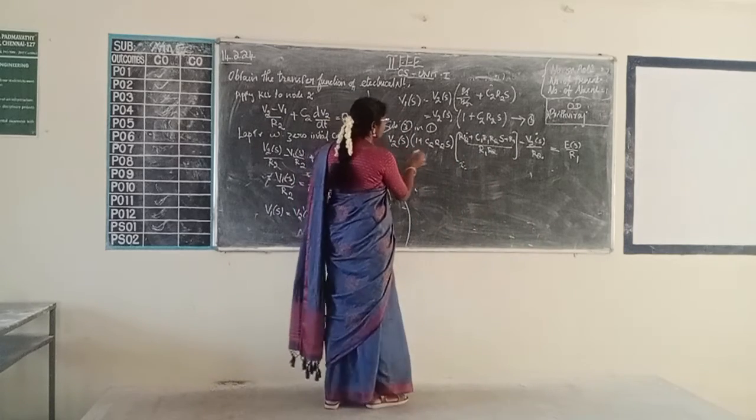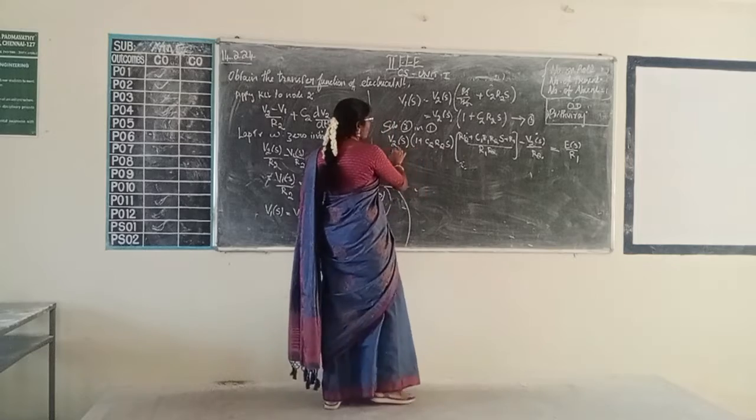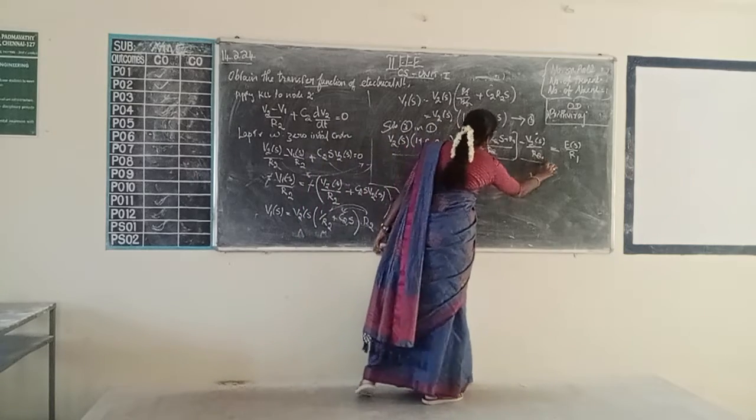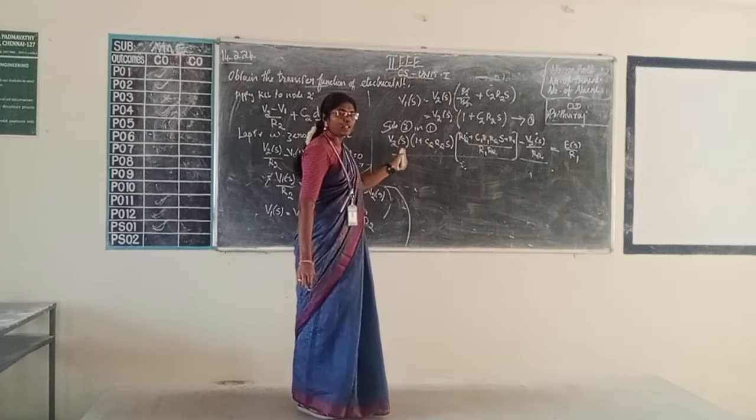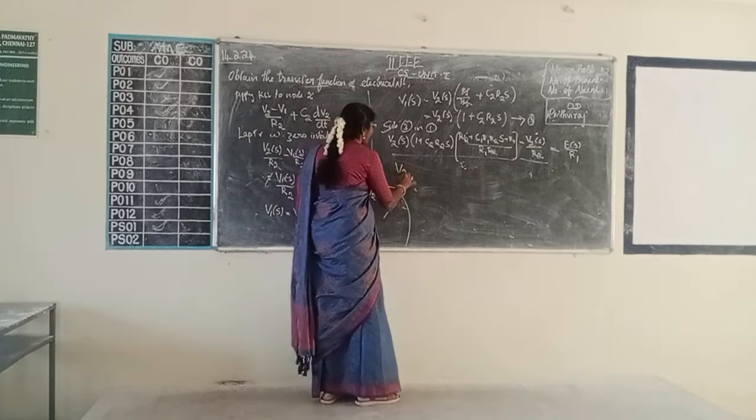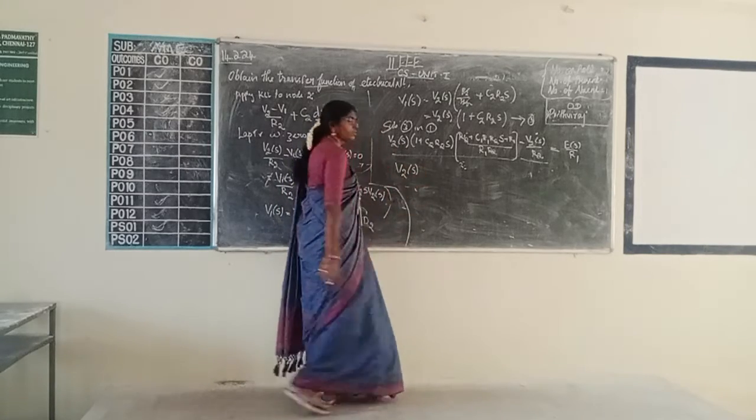So now we can solve it. This is a term as well as this is a term. Two terms, both of them have V2 of S in common. So let us take V2 of S as common.